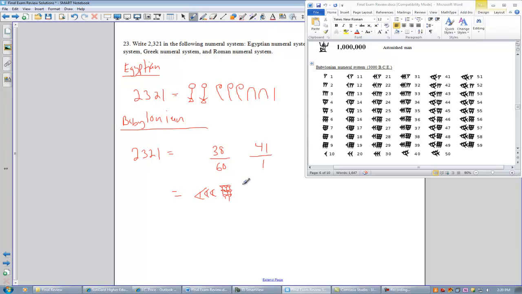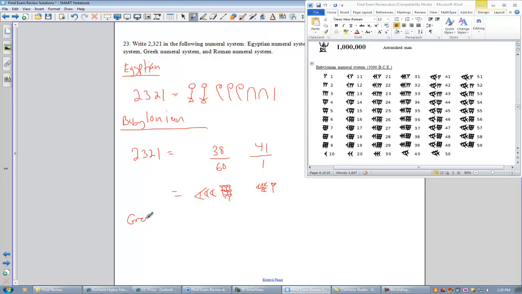Make a nice big space here, and then I do 41 things. So I come over here and look, okay, there's 41. All right, 41's right here. And I draw 4 triangular wedges like this, 1, 2, 3, 4, and then 1 vertical staff right there. And so that represents 2,321 things.